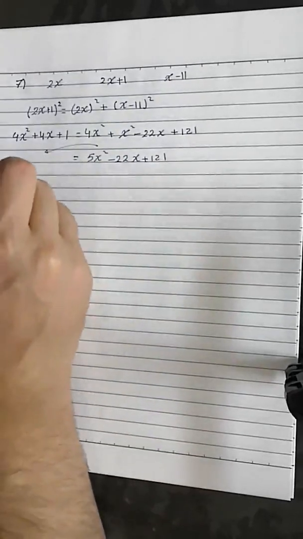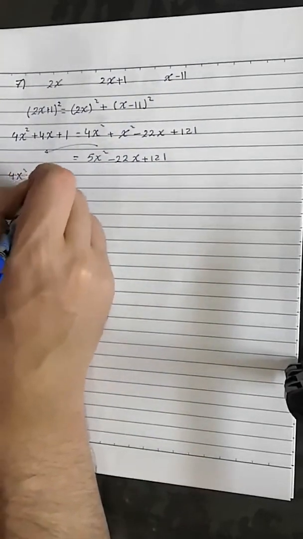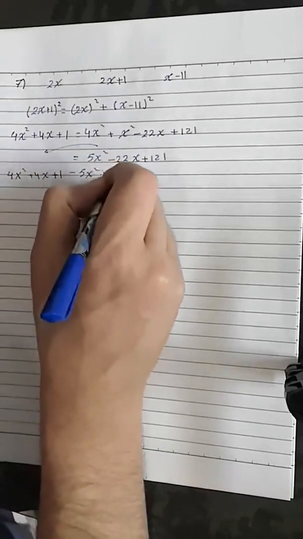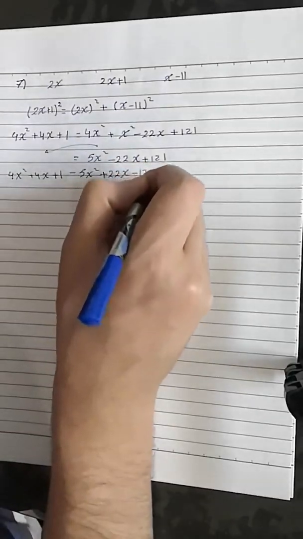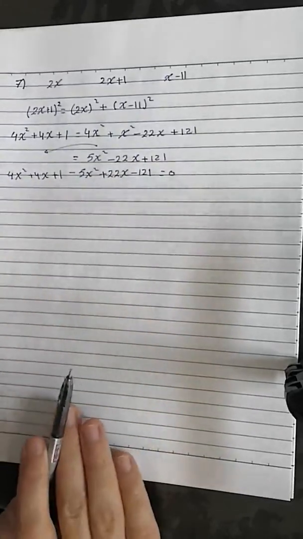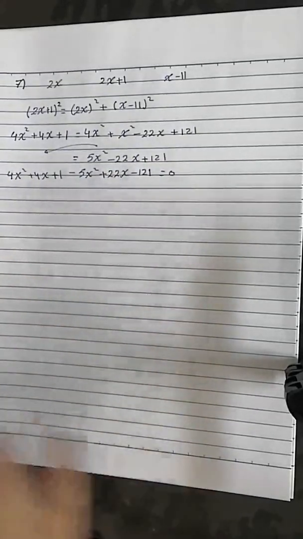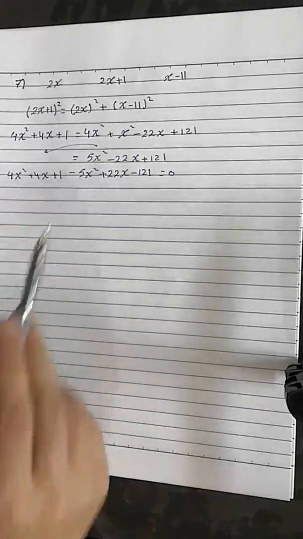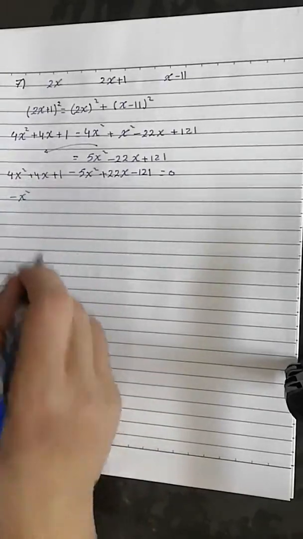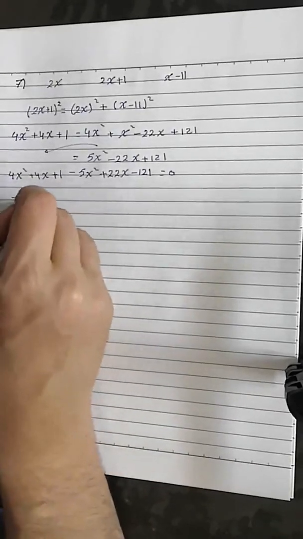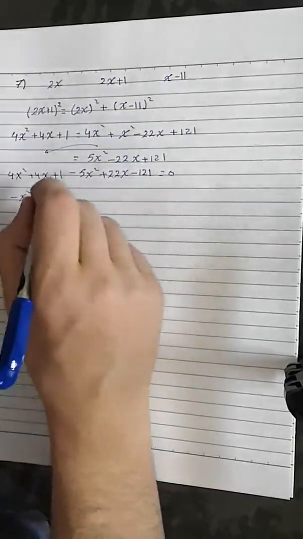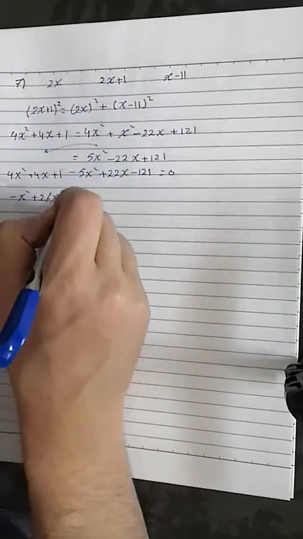So I have here 4x squared plus 4x plus 1 minus 5x squared plus 22x minus 121 equals 0. All of it will go to the other side with the opposite sign because I'm going to subtract them. 4x squared minus 5x squared is negative x squared. 4x plus 22x is 26x. Positive 1 minus 121 is negative 120.